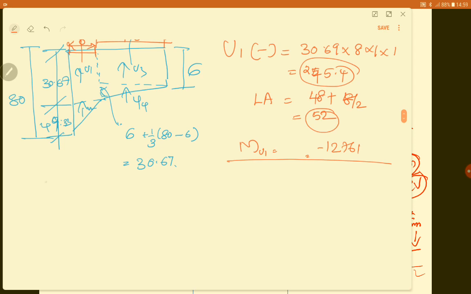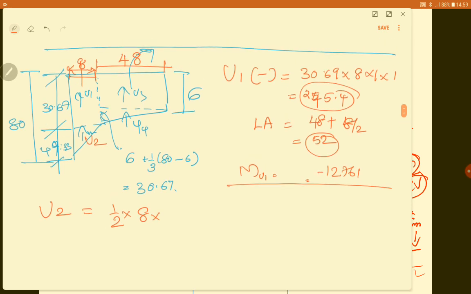Now, let us consider U2. U2 is this small triangle. This is U2. So U2 is equal to half into base, which is 8 meter. What is the altitude? Altitude is equal to 49.33 into 1 into 1. That is equal to 197.3. What is the lever arm of U2?